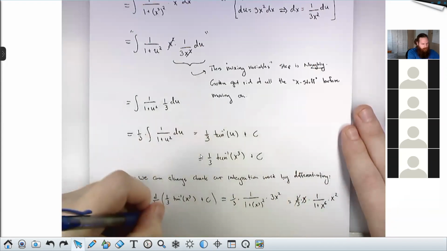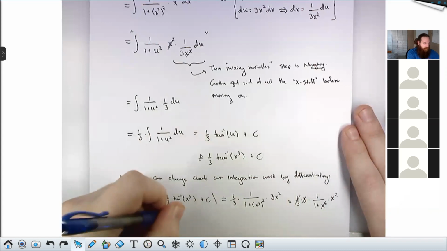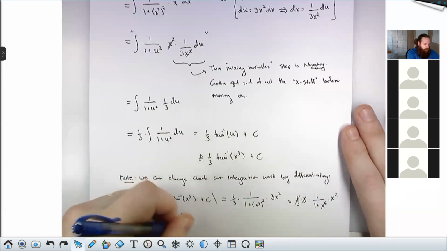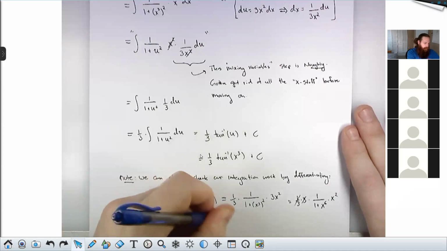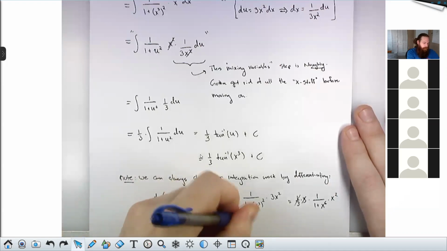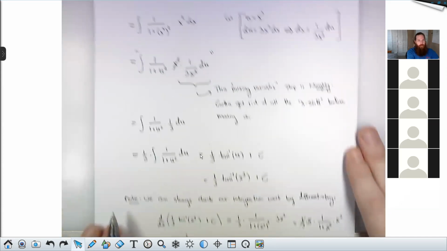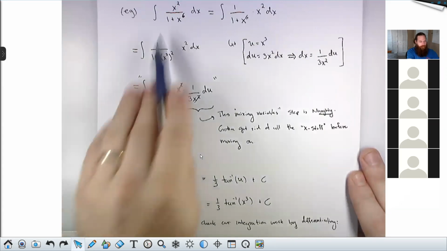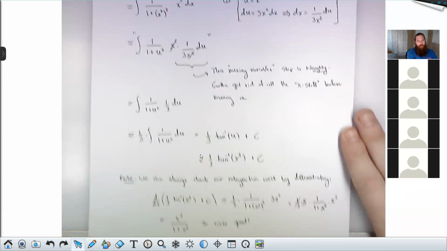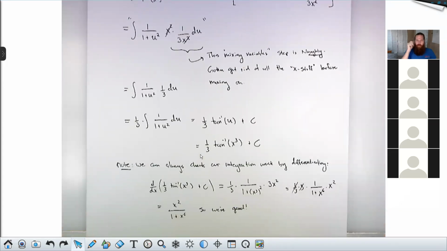And we do get x squared over 1 plus x to the 6. So we're good. Because that's what I was integrating to begin with. So if you ever have any doubt, check your work. It's a good way to practice your differentiation skills, and it's a good way to reassure yourself that you did everything right.